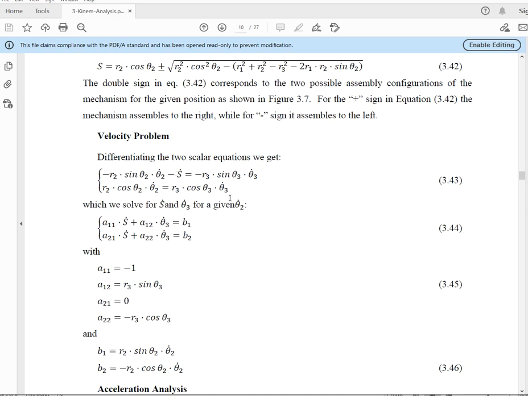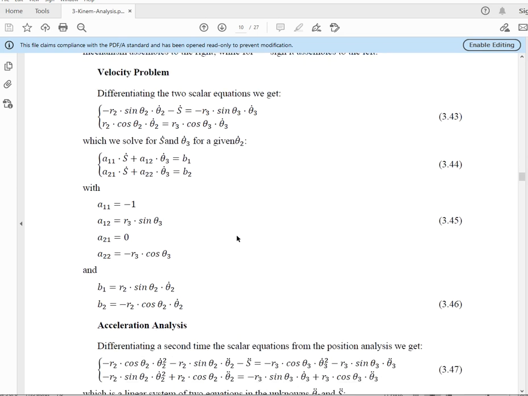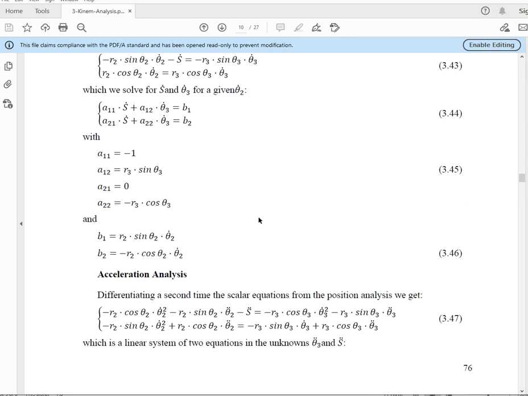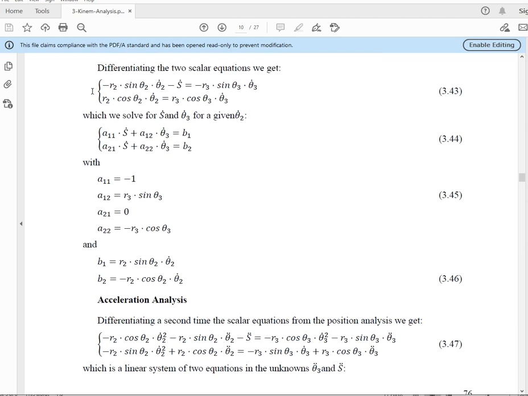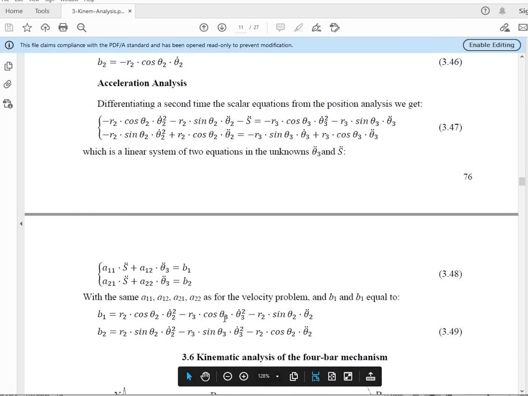For velocity, you differentiate the scalar equations. That's the two scalar equations, and you get a system of equations, a linear system with two unknowns, s dot and theta 3 dot. Then for acceleration, you take the derivative again of the scalar equations for velocity.